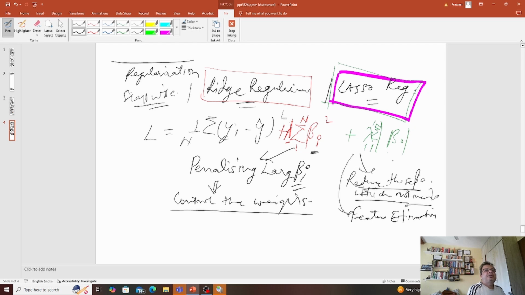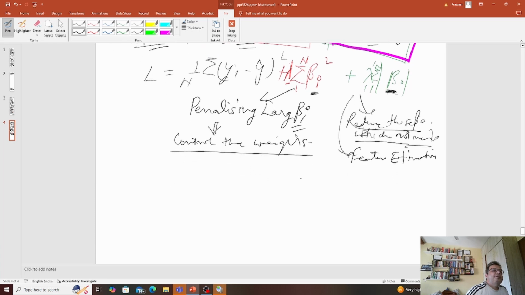You are trying to eliminate some of your features which are not needed. So here in this case beta naught will become 0. Here in the ridge case betas will become smaller and smaller. And if you want to add both of them together, so green and red, with different parameters, if you want to combine lasso and ridge regression, then you can do that, and it's called elastic net.